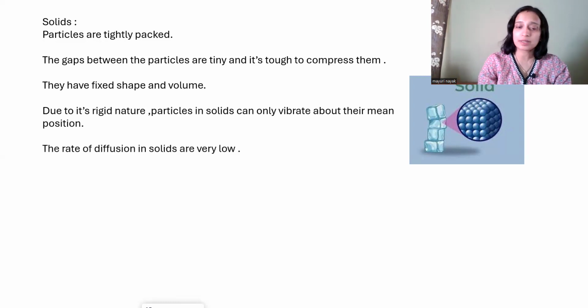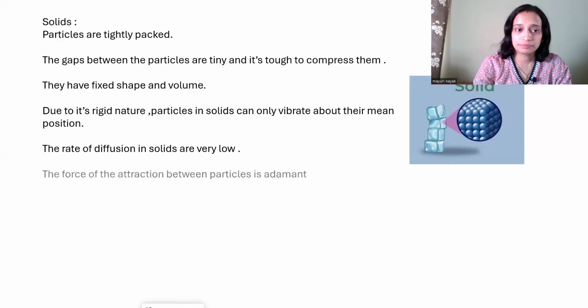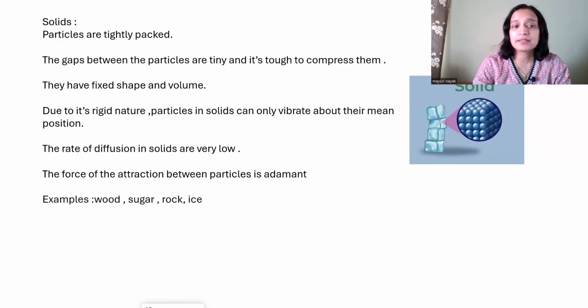Rate of diffusion means, again, the particles are not able to move. That is, the movement is less. We cannot say it's more, but the movement is less within that matter. The force of attraction between the particles is strong, we can say strongest. Daily life examples: wood, sugar, rock, ice.